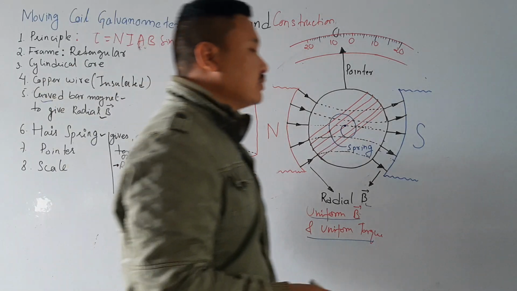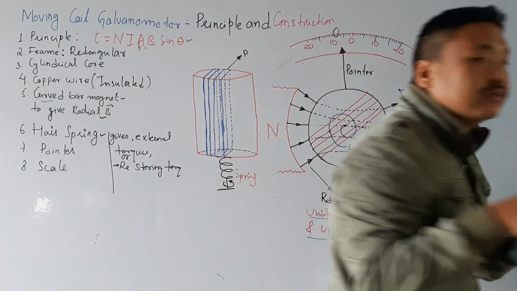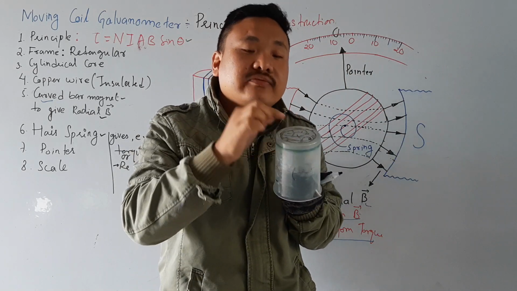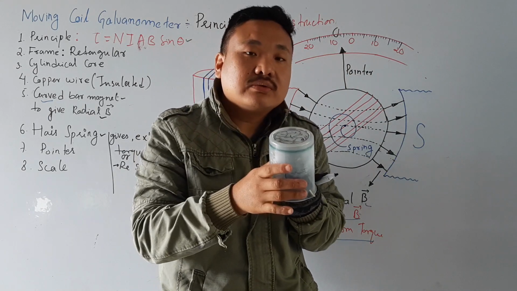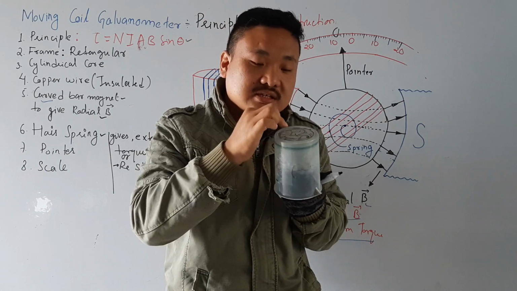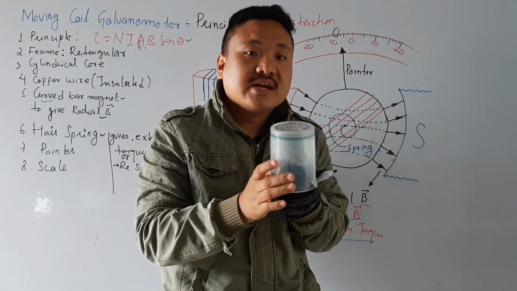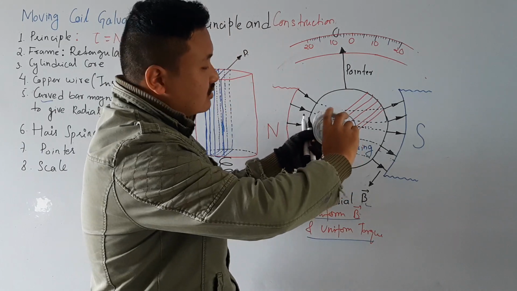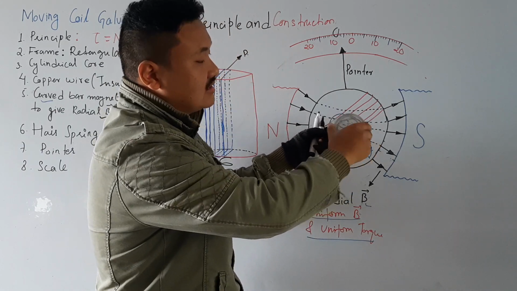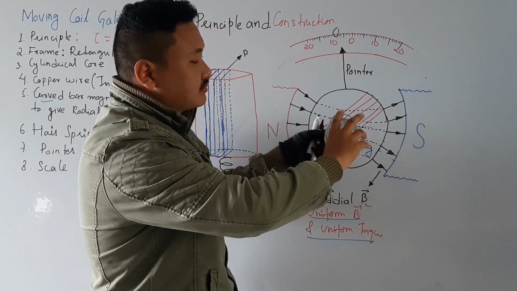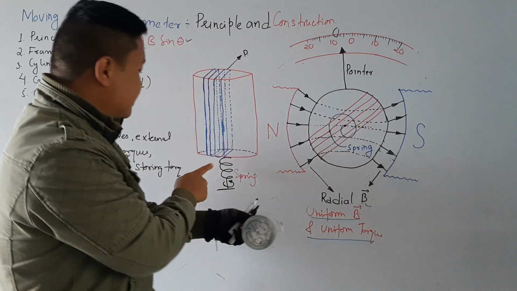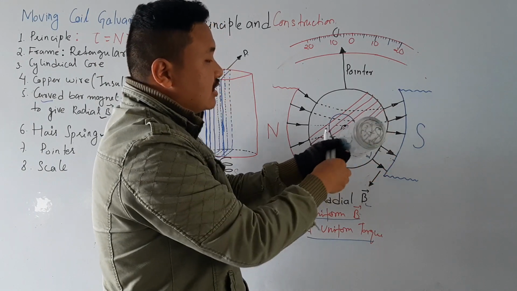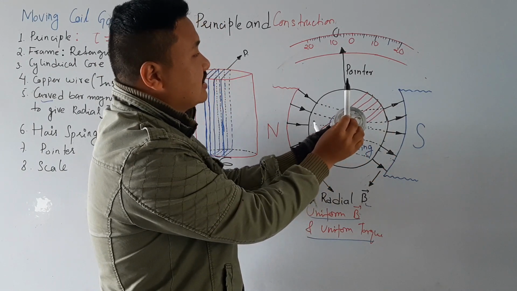What do you mean by restoring torque? There is a wire, and if the current flows in this wire, then it will experience a torque, since it is in rectangular form, and it will rotate like this. If it is rotating in the clockwise direction, then the spring will try to restore it. It was at zero.